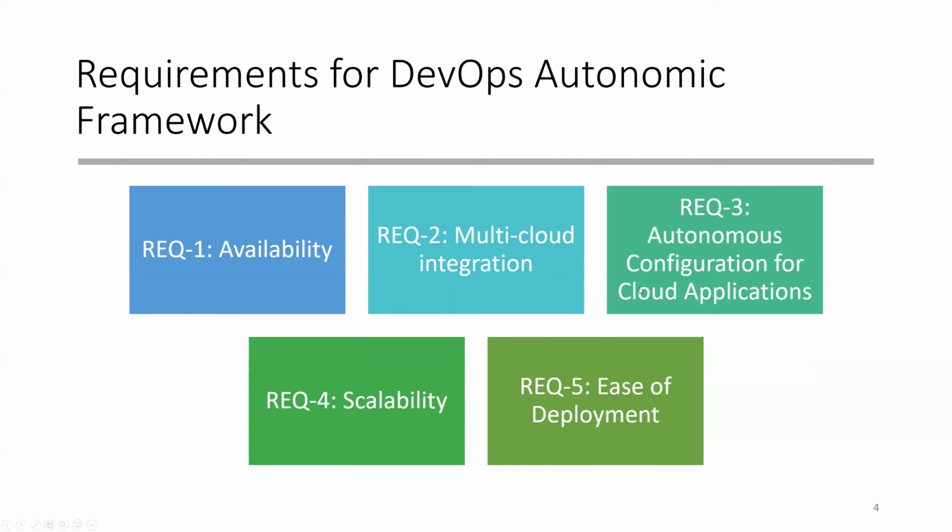The next requirement, 3, is autonomous configuration for cloud applications. So services deployed on multi-cloud environments require an autonomic framework that is able to deploy an application on multi-clouds and then self-manage the application at runtime.